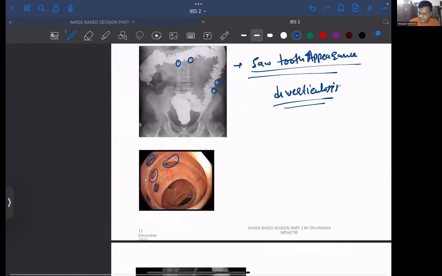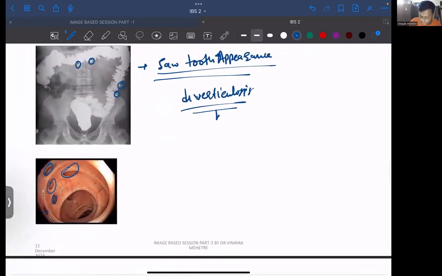Okay, investigation of choice for diverticulosis and investigation of choice for diverticulitis. Losis and itis. Losis means outpouching.